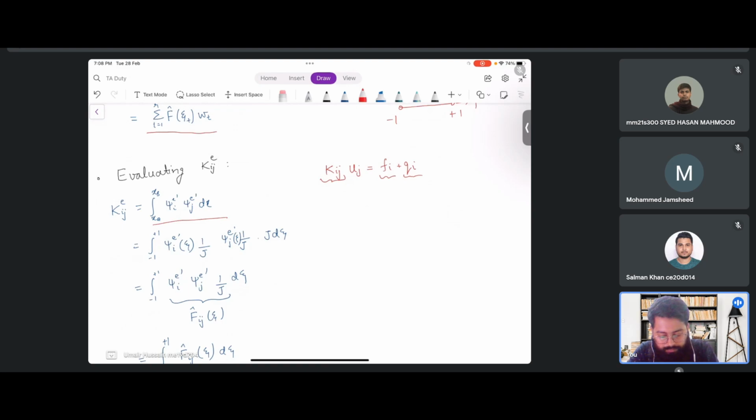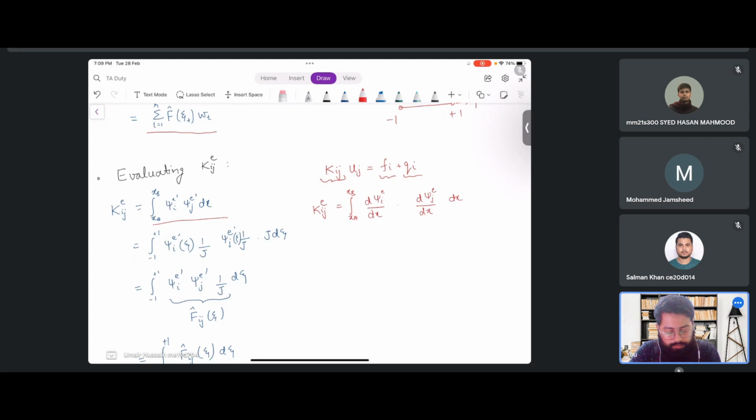But right now we do, so we can write this Kij^e as the integral of dψi^e/dx times dψj^e/dx times dx. Since we are going to write ψi and ψj in terms of zeta, we need to replace the derivative from dx to d zeta.